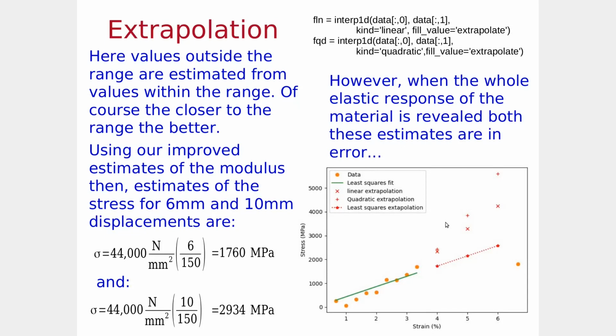Extrapolation. So any values outside can be estimated using extrapolation. Of course, the closer we are to the range, the better. Using our improved estimates of the modulus, estimate these values. Well, I've computed these out to about 44, as you've seen, so I've made those estimates accordingly, and these are the particular interpolation methods.